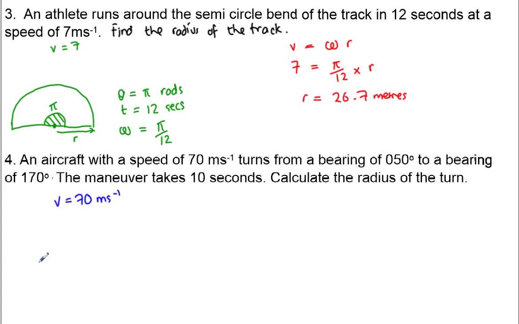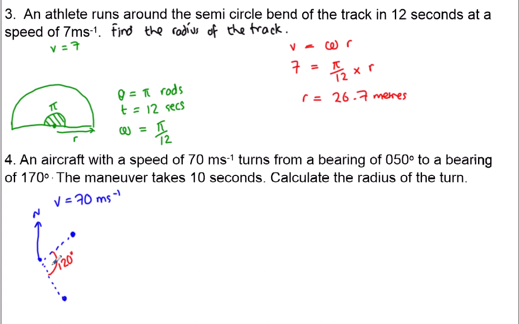Now, you don't need a drawing, but if you go back to bearings from year 7 or year 8, it was on an angle of 50 degrees there, and now it's on a bearing of 170 degrees, which is down there. The most important thing is the angle that it turned, which is 120 degrees.